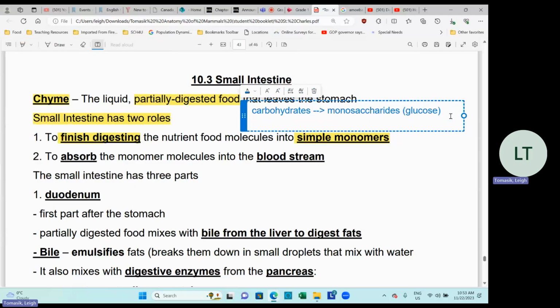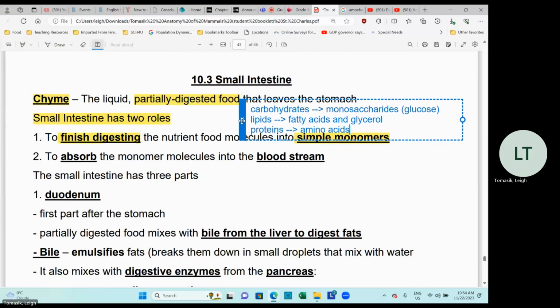It will take lipids and break them down into fatty acids and glycerol. And it will take proteins and break the proteins down into amino acids. And all of these monomers are small enough to be absorbed in the next step.